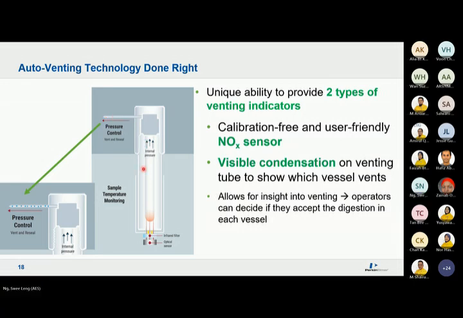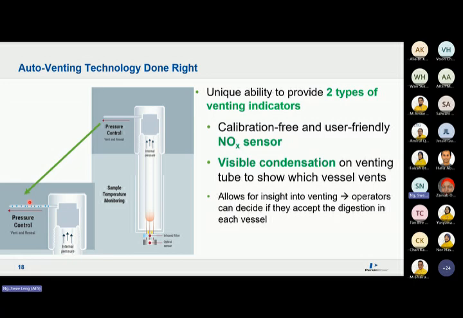If your sample has high pressure, when you digest at 200 degrees and the spring opens up, the acid fumes will pass through this Teflon tube. Inside the tube it is hot and outside it is cold, so definitely you will see condensation.